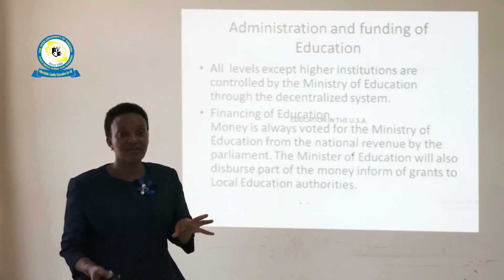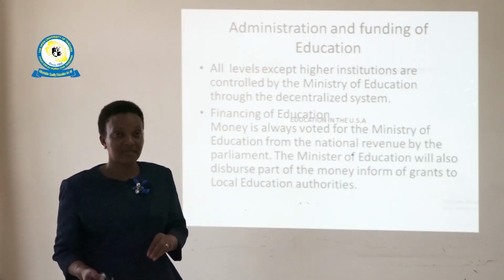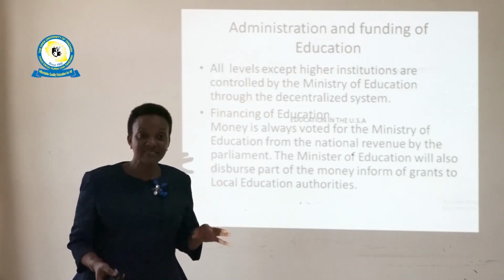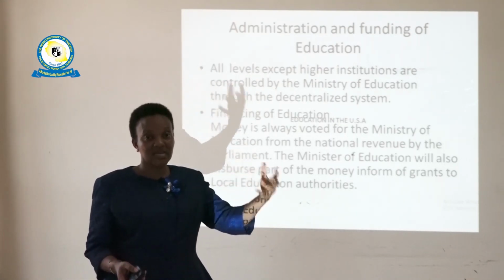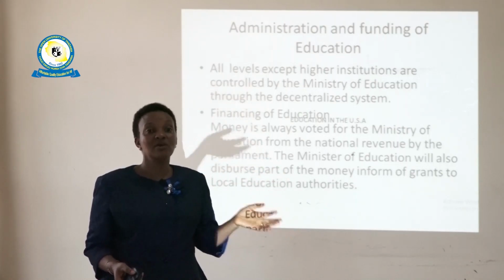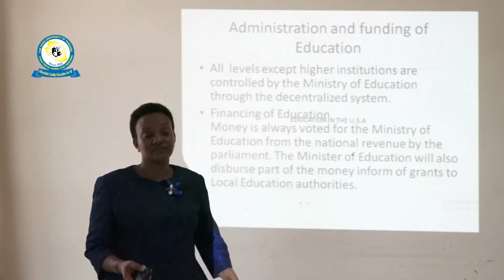So all the revenue has to pass through the Parliament, where through budgeting, when the budget is clear, the money is transferred to the Ministry of Education for disbursement to the educational institutions.